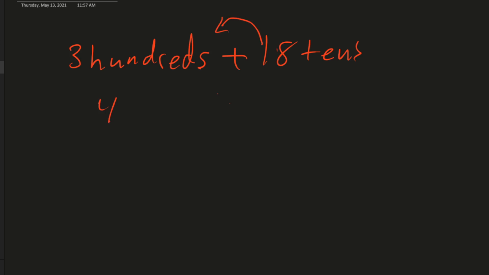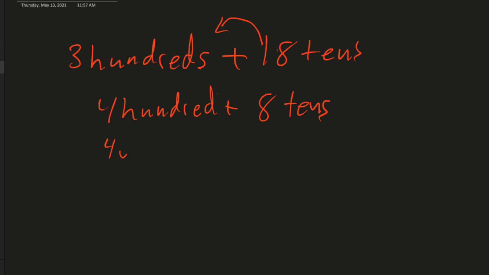So what ends up happening is you regroup this to have 4 hundreds, right, plus 8 tens, right? And yeah, you can see that this is the right way to organize it. First off, even in this way, it makes it simpler. And you can see that this is the same amount, right?